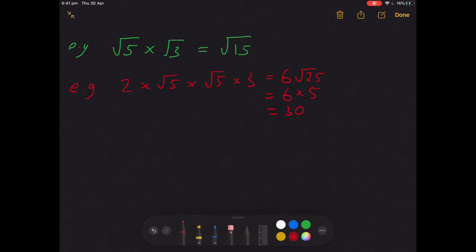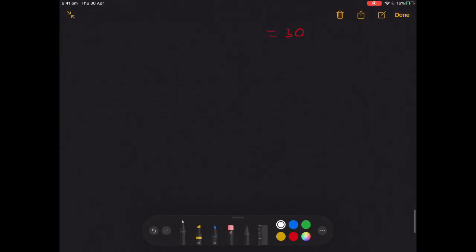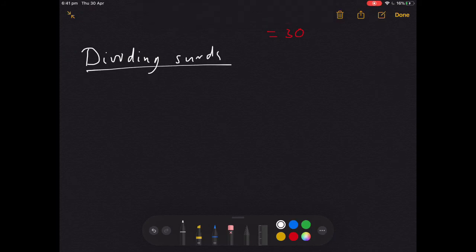Alright, let's talk now about dividing surds. Okay, here we're following the rule that says root a on root b equals root a on b, like this. We can use this to simplify surds which are fractions.